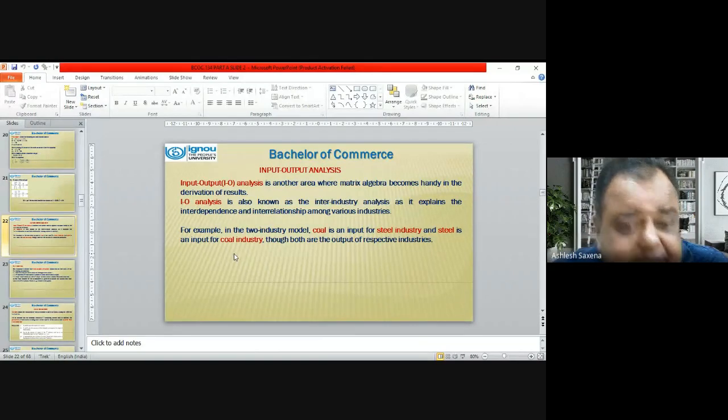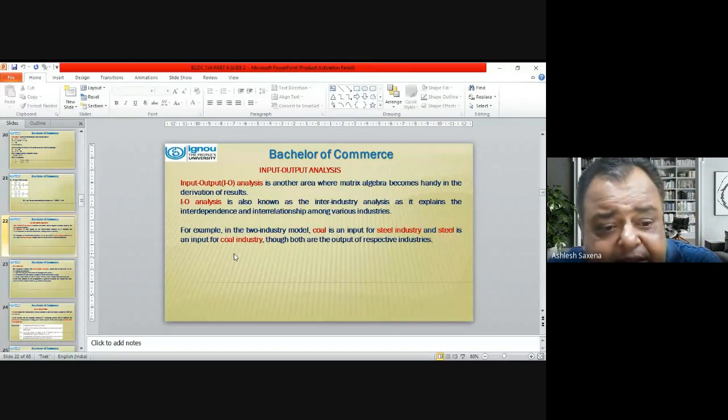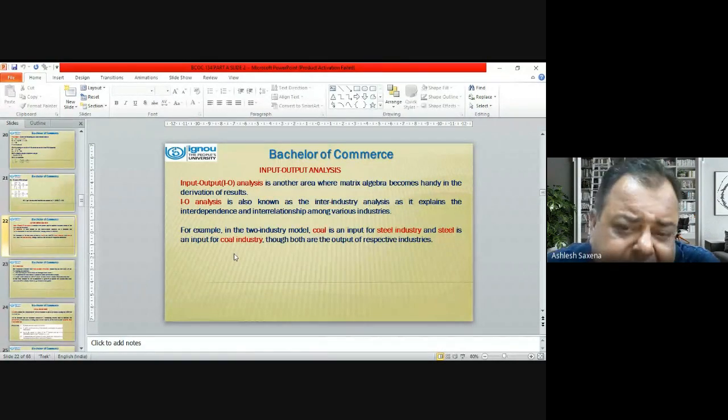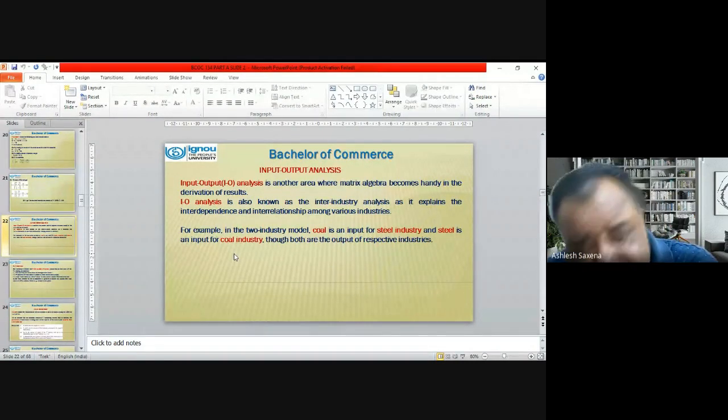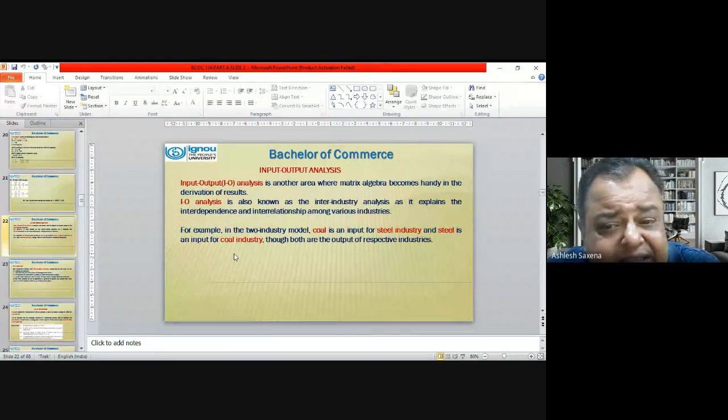Now the third part is input-output analysis. It is another area where matrix algebra becomes handy in the derivation of results. IO analysis is also known as inter-industry analysis, as it explains the interdependence and interrelationship among various industries.